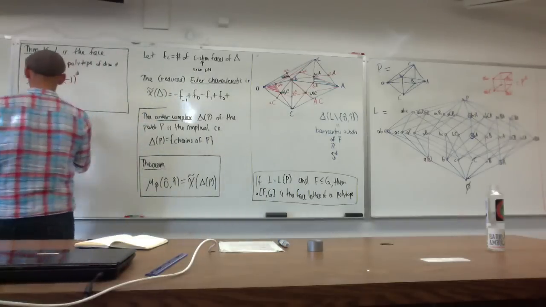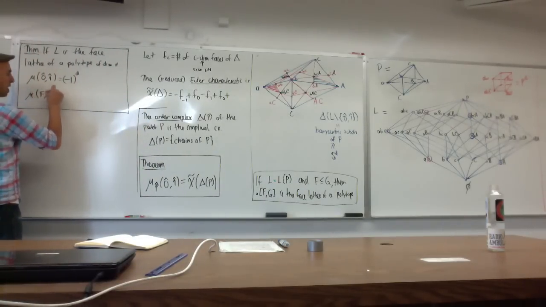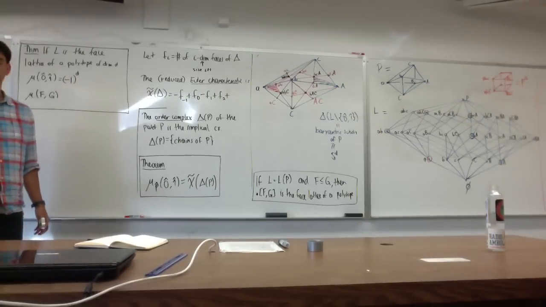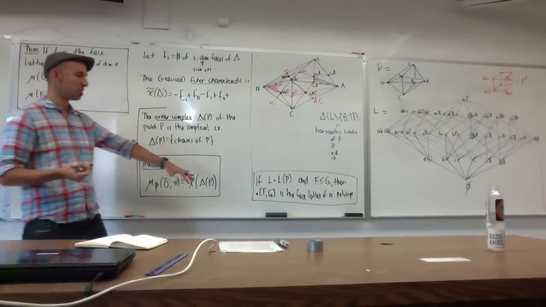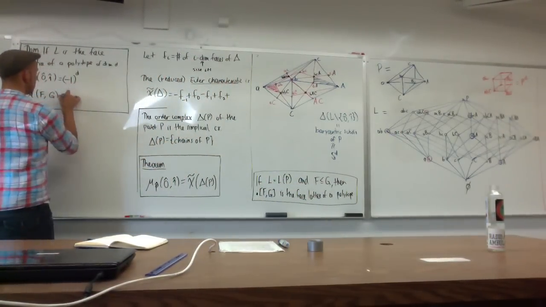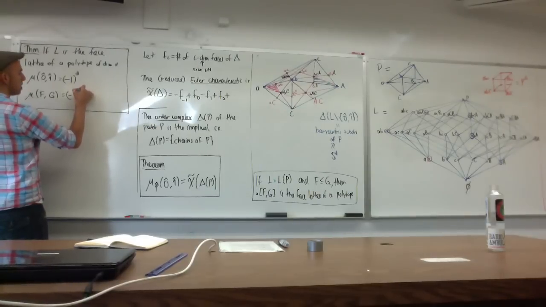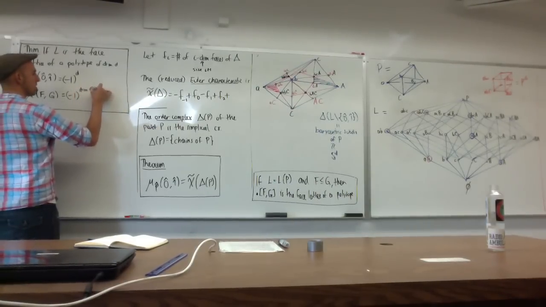And the other nice thing that I get is that if I want not from 0 to 1, but from any f to any g, well, because fg is the face lattice of a polytope, that's also minus 1 to the something. It's going to be minus 1 to the dimension of g minus the dimension of f.